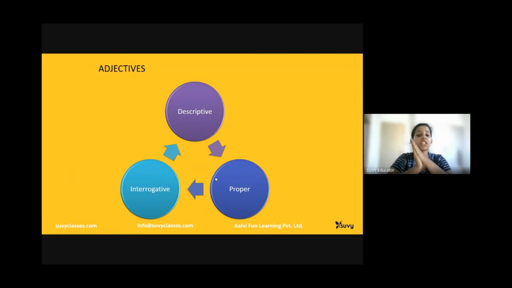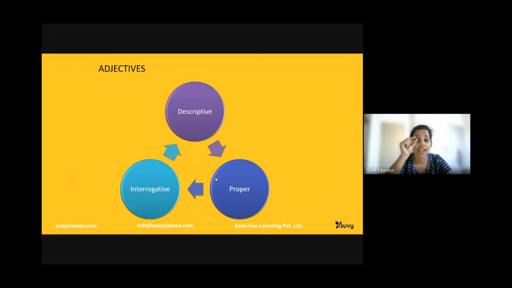So, what is descriptive? Descriptive, as the name suggests, describes the noun. Generally, it is only describing or telling you how that noun is, what it is. It's like telling you the quality. Like I said, I have a red bag.